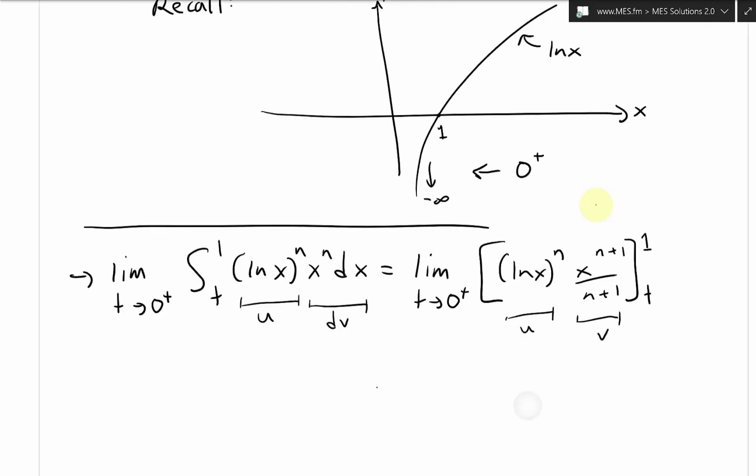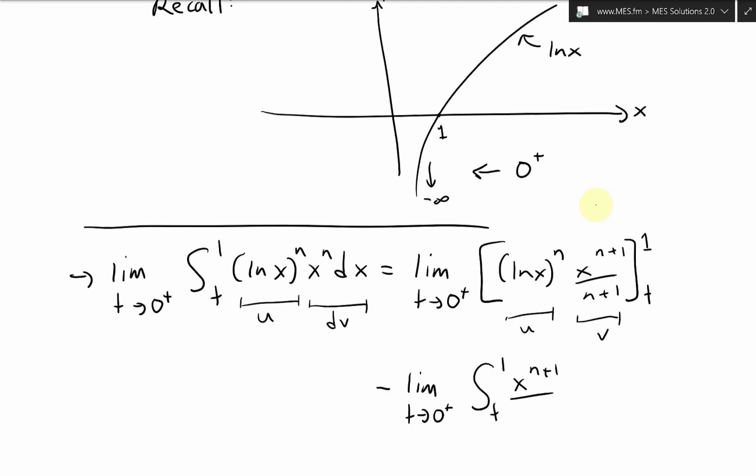Then we subtract the limit as t approaches 0 from the right of another integral, from t to 1 of v du.